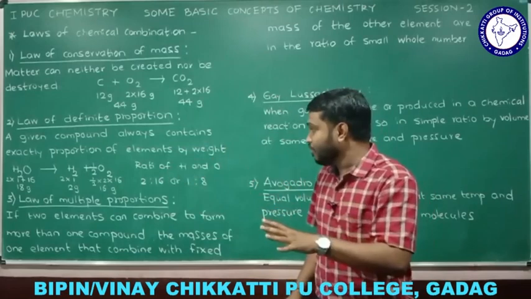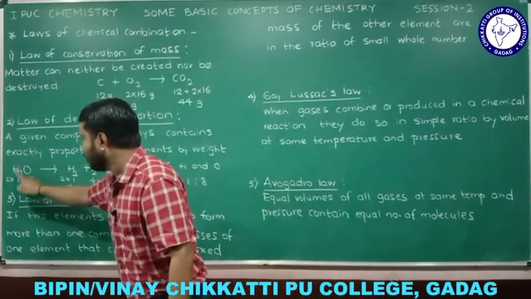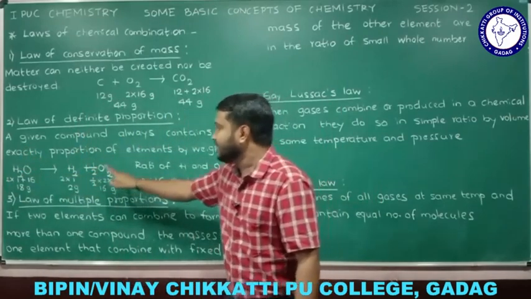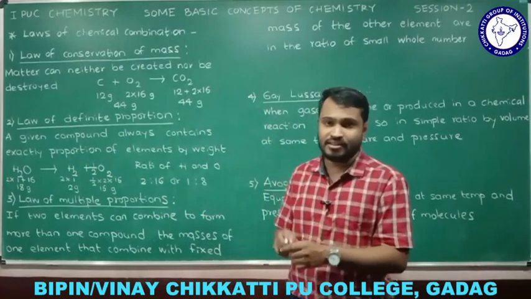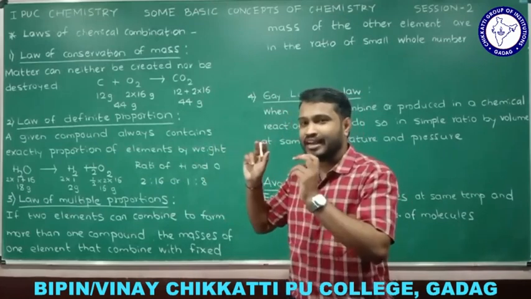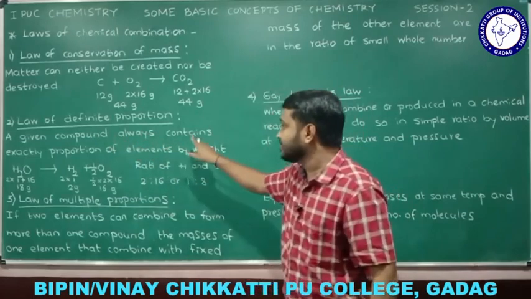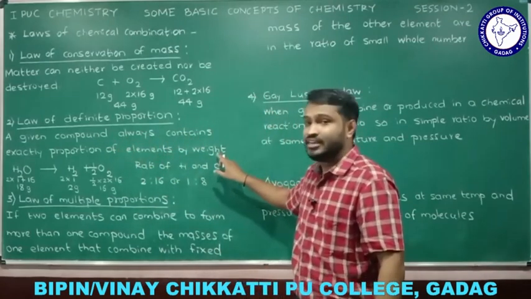One more way I can say it: if you consider a compound, water, the compound has elements, hydrogen and oxygen, and these elements are in exact proportion by weight. That we call the law of definite proportion. And I think now you understand the actual meaning. A given compound always contains exactly the same proportion of elements by weight. By weight is the condition.